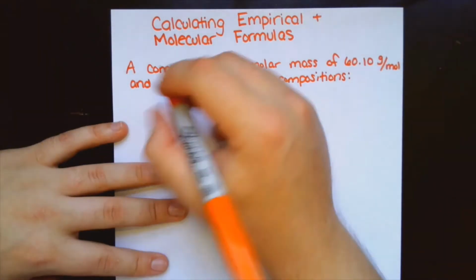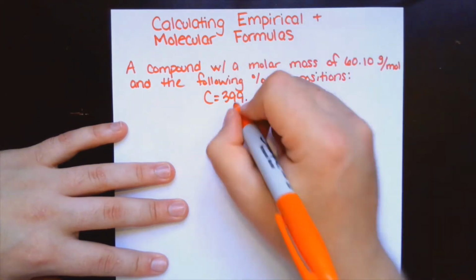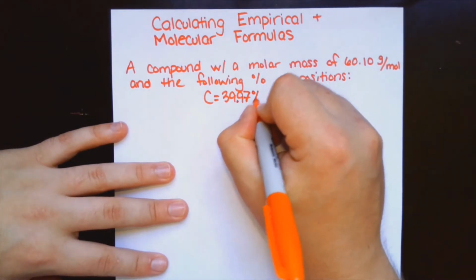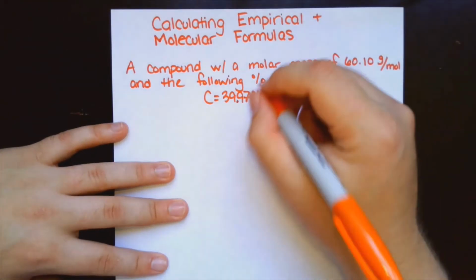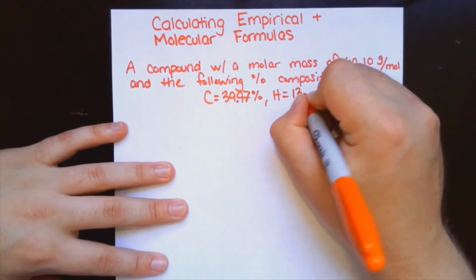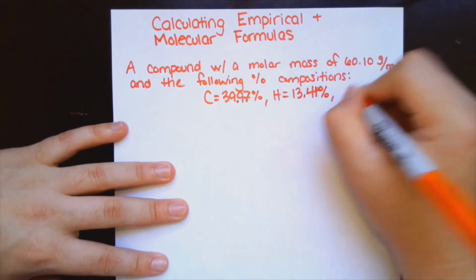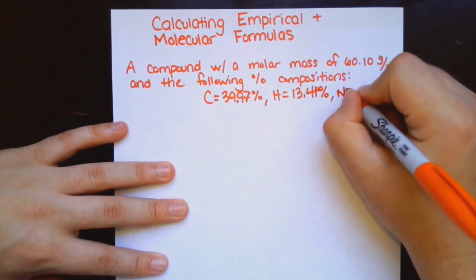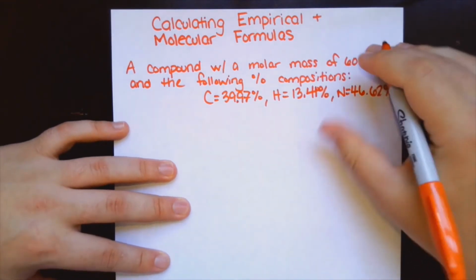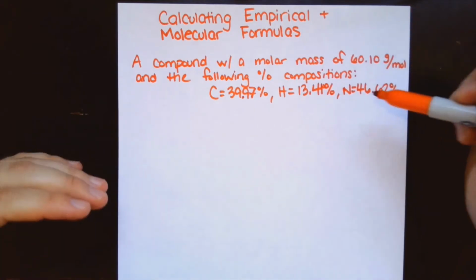Let's see, so we've got carbon 39.97, hydrogen equals 13.41, and nitrogen equals 46.62%. Okay, and again, what I'm looking for here is the molecular formula of this compound.